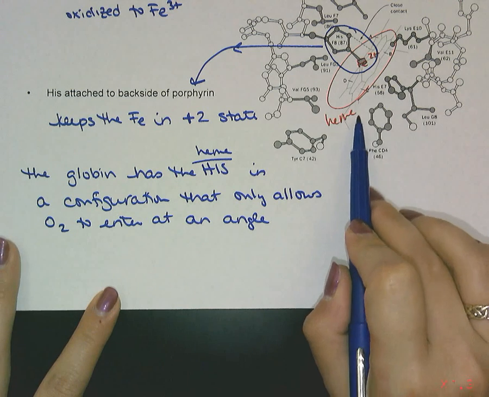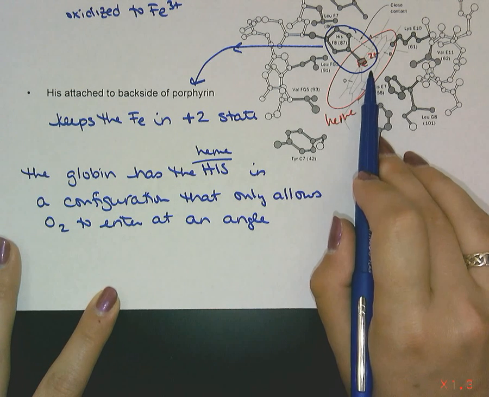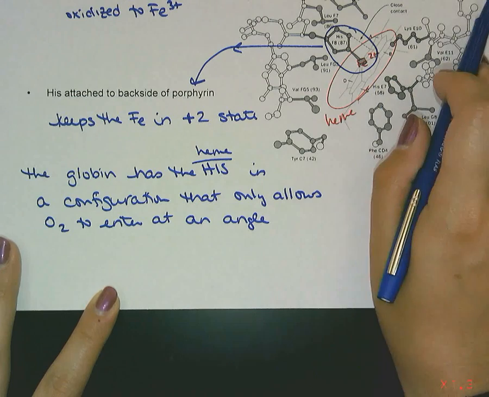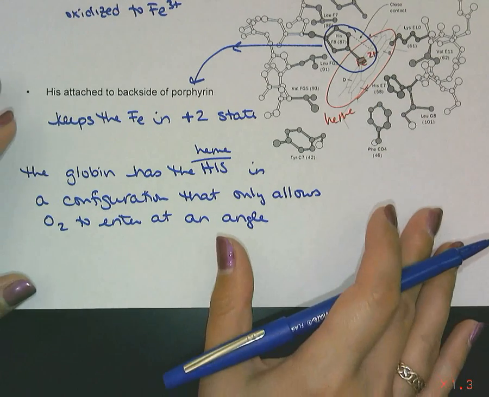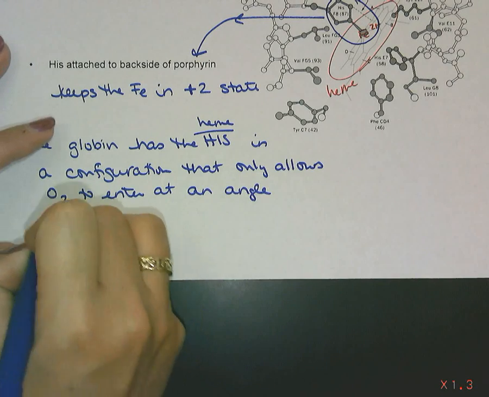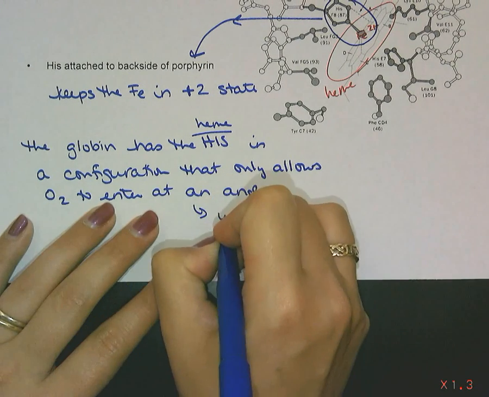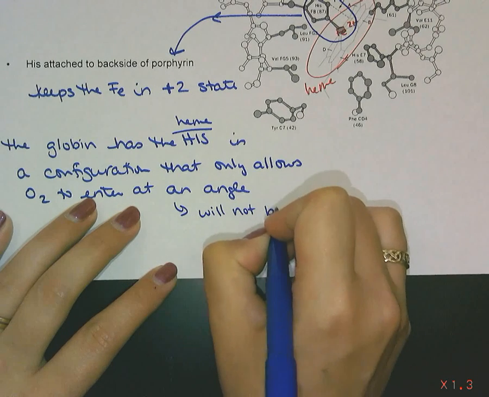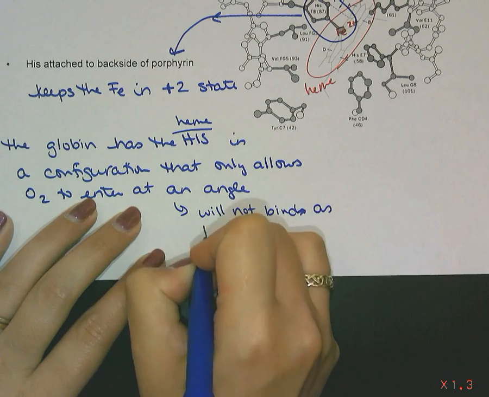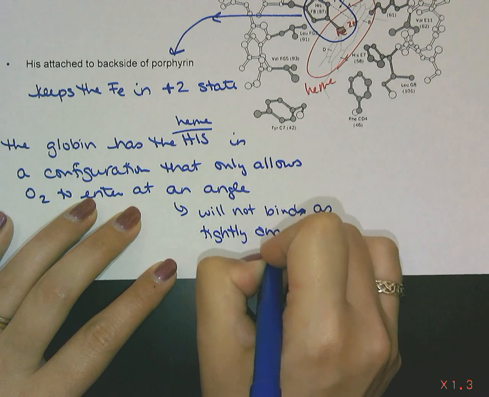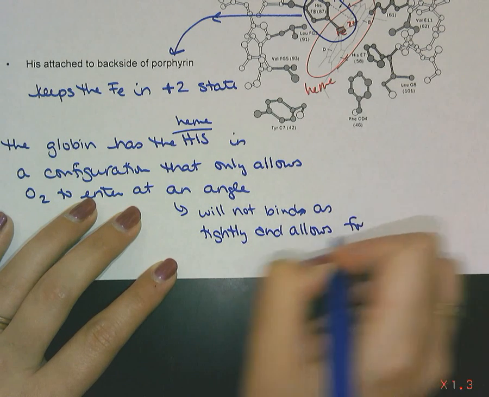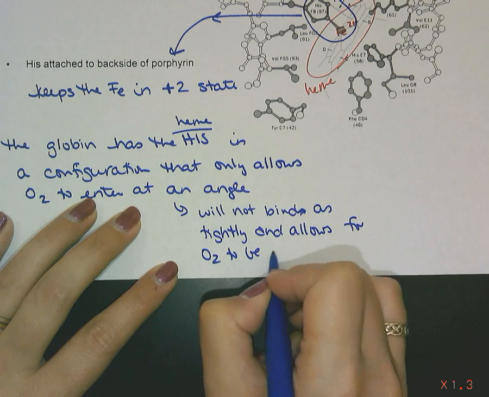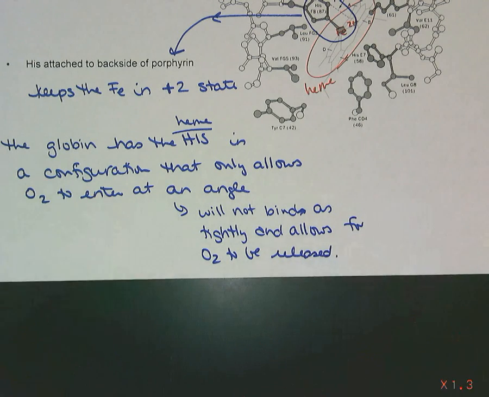So because the oxygen has to enter at an angle, it doesn't bind as tightly, which means you're able to release it, which is good because we want the oxygen to be able to be released. So since it comes in at an angle, the oxygen cannot bind to the iron as tightly. Therefore, we're able to drop it off someplace else.